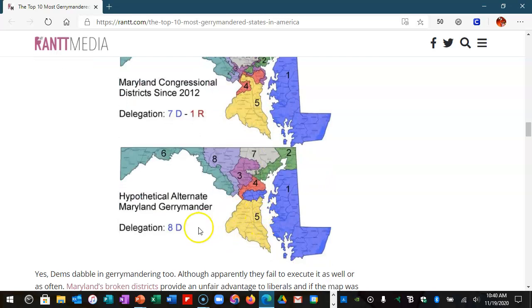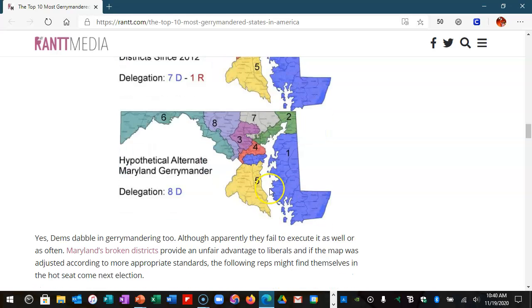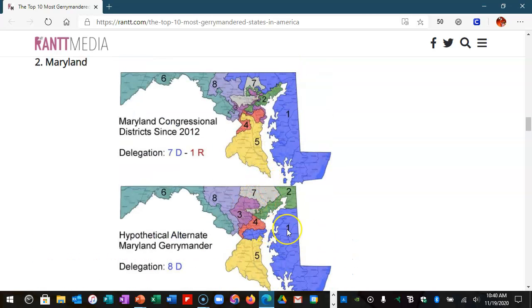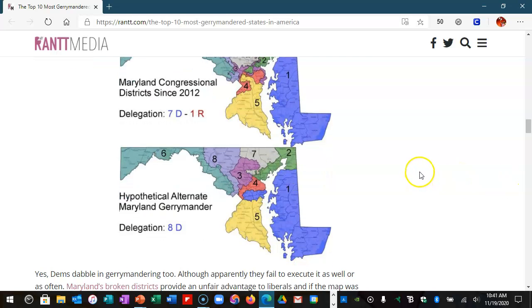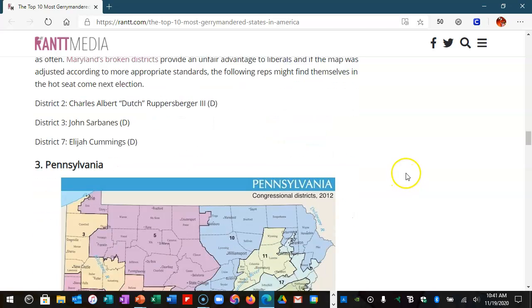That's gerrymandering, and it actually makes that Republican district disappear. It's kind of hard to explain. It dilutes a Republican area, splitting it into 3, 2, 1, and 5. They took 1 and moved it over here a little more. So it dilutes those votes, and it makes it almost impossible for the Republican voters in what used to be a district to send a representative of their party to Congress. So it waters down those votes.